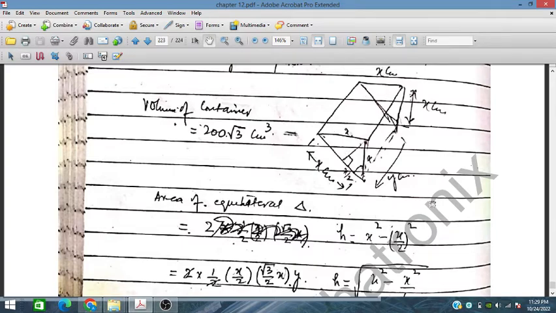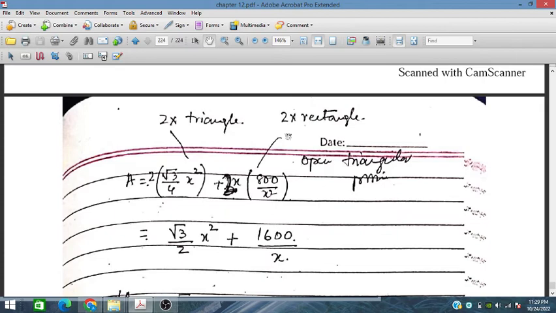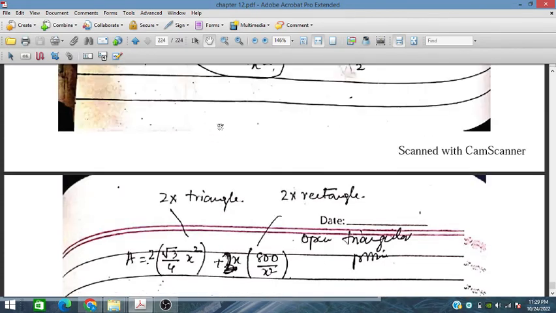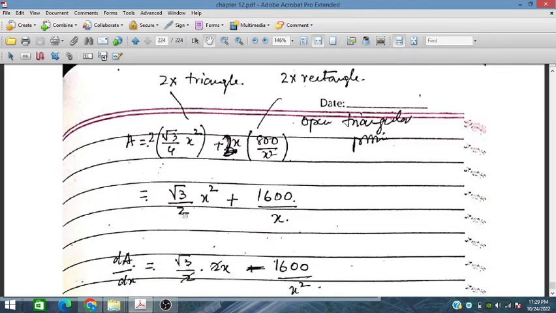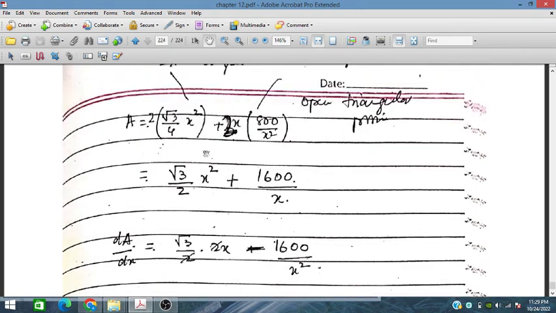We place this value in, and simplifying, we get 2 times the rectangle and 2 times the triangle: root 3 divided by 2 times x squared, plus 1600 x divided by x squared. So this is the area. We have shown this, and it was the requirement.